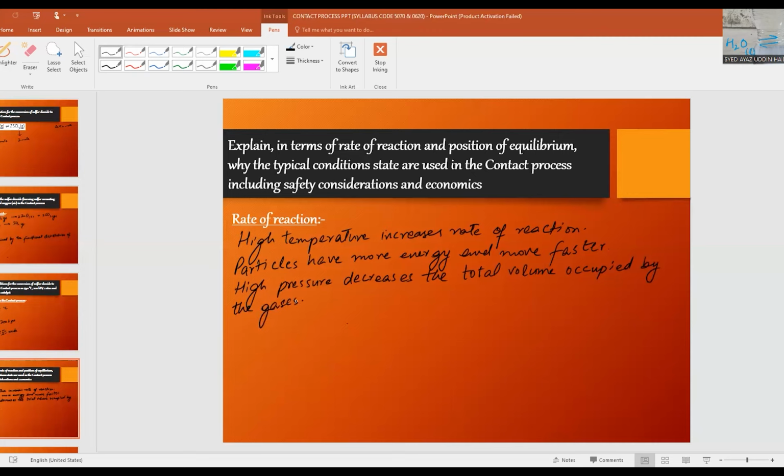Particles come closer to each other, having more successful collisions, therefore rate of reaction increases.